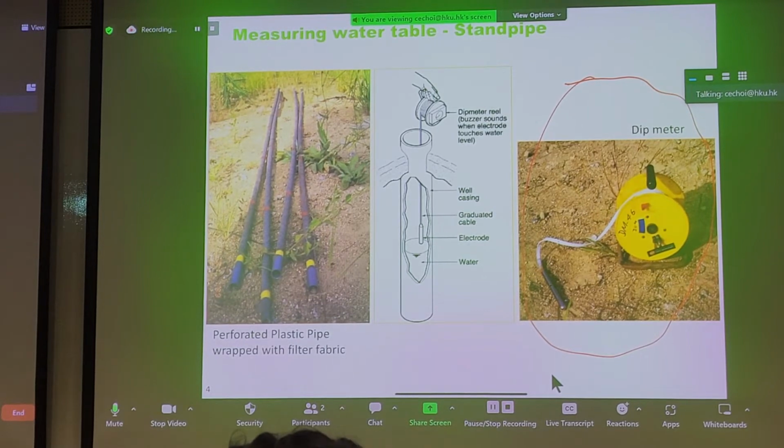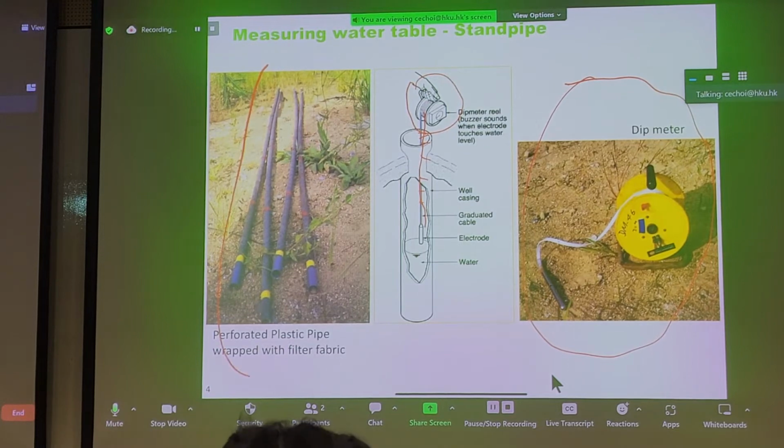So if you know the elevation of the tip of your observation well or your standpipe, you throw down this measuring tape, and when you hear a loud beep because the electrode touches the water surface, then you know this is your free surface of the groundwater table. So it's quite simple. Essentially, dropping this down and you know the length of the tape, and that's how you measure your groundwater surface, often in meters principal datum in Hong Kong, or MPD.